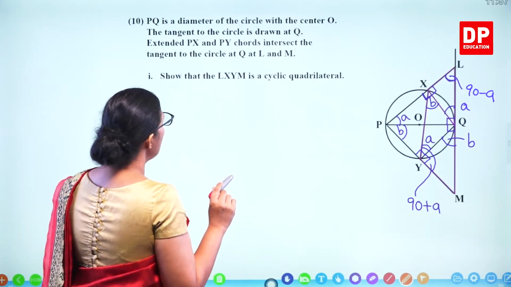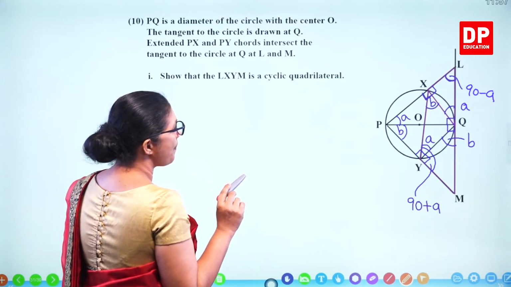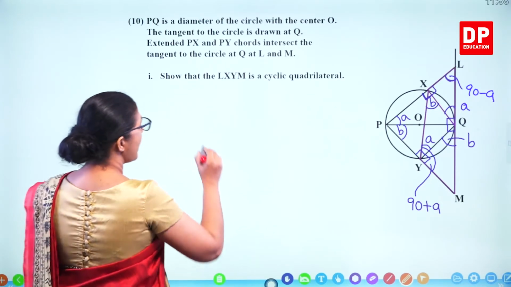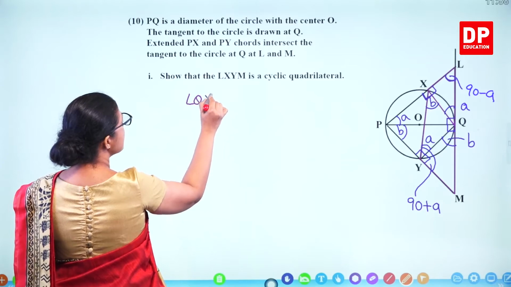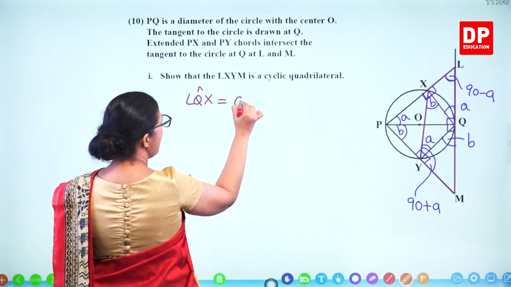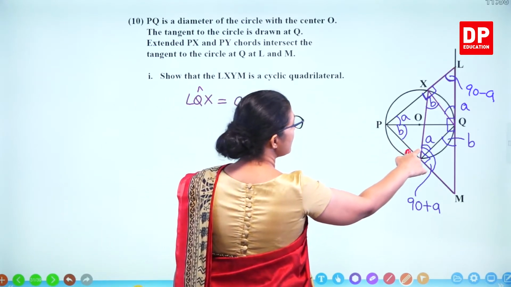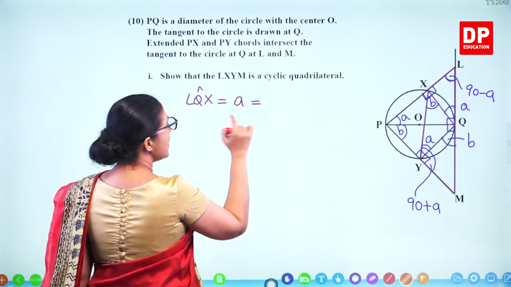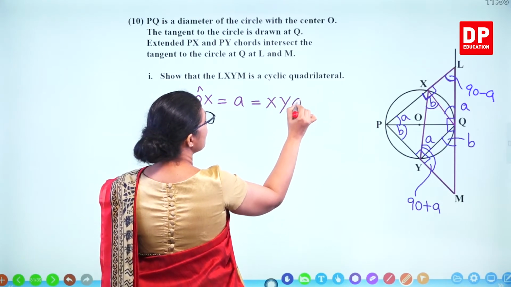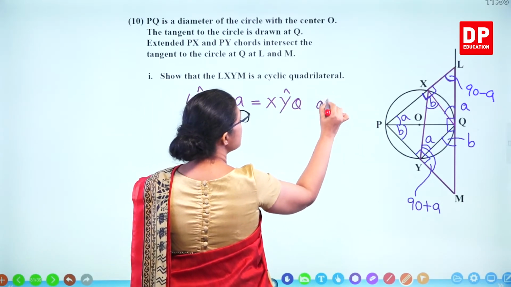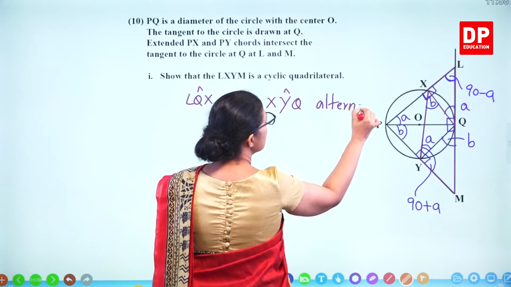So, first, we'll take LQX angle. LQX angle we took as A. That's equal to this angle, XYQ, by the alternate segment theorem.